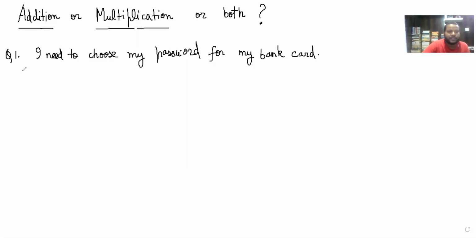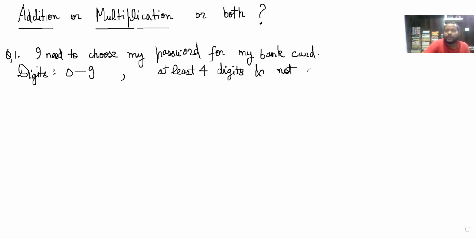Digits from 0 to 9 are allowed, and it has to have at least 4 digits and not more than 7 digits. So how many possibilities are there in which I can select my password?